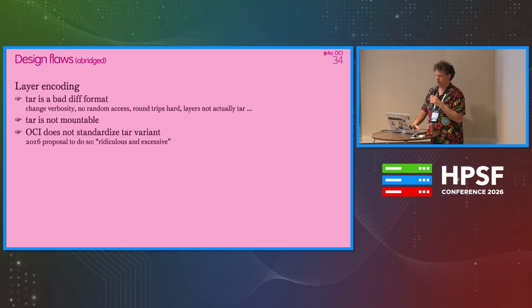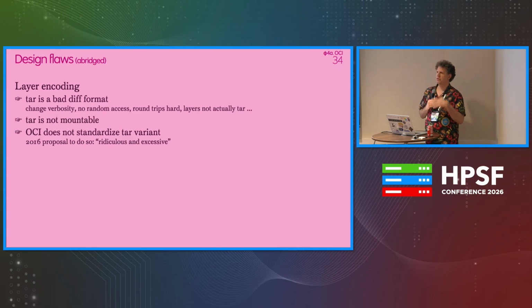You can also get into what I see as design flaws in OCI. I talked about how I don't think layers are fundamental to containers, but they're really embedded in, as far as I can tell, all OCI type containers. A layer is just a diff, a set of changes on top of the previous layer. tar is a bad diff format, right?